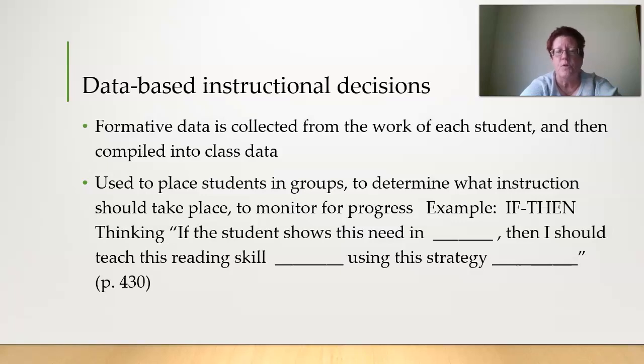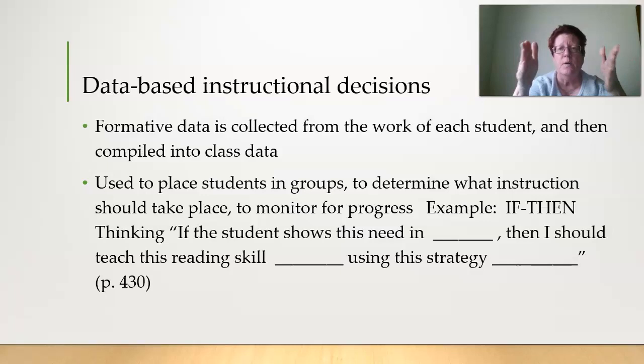For instance, there was a strategy that was talked about in the textbook called if-then thinking. The whole process behind that is if a student shows need in this particular area, fill in the blank, whatever it is, then I should teach this reading skill, and I would name that specifically, using this strategy, and I would name that strategy specifically.